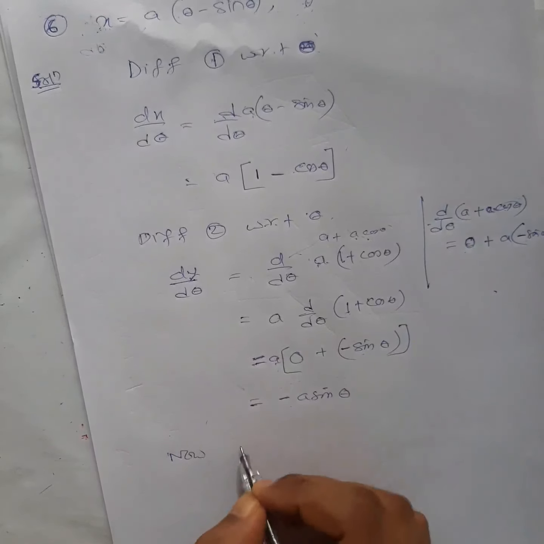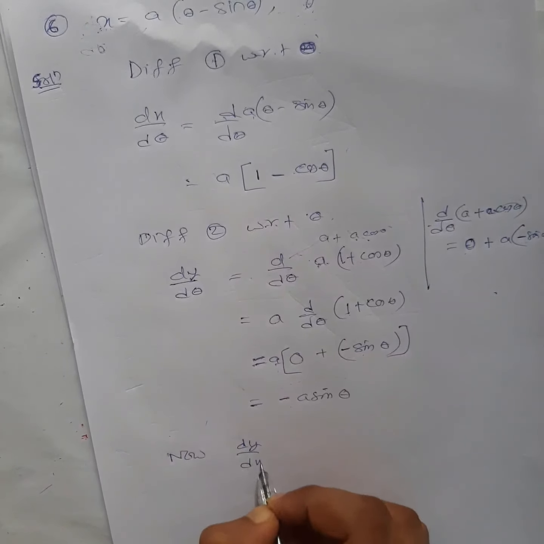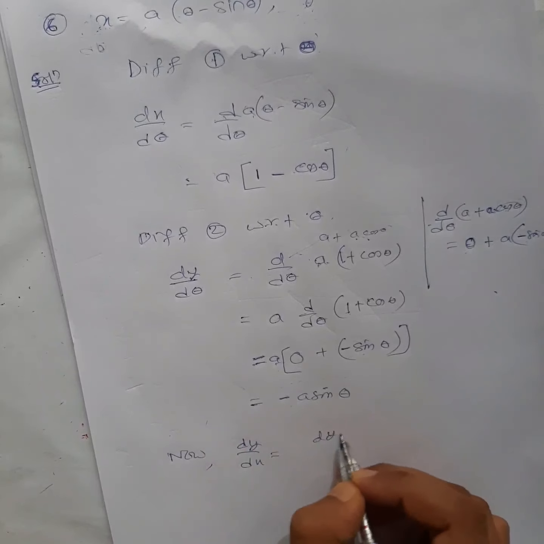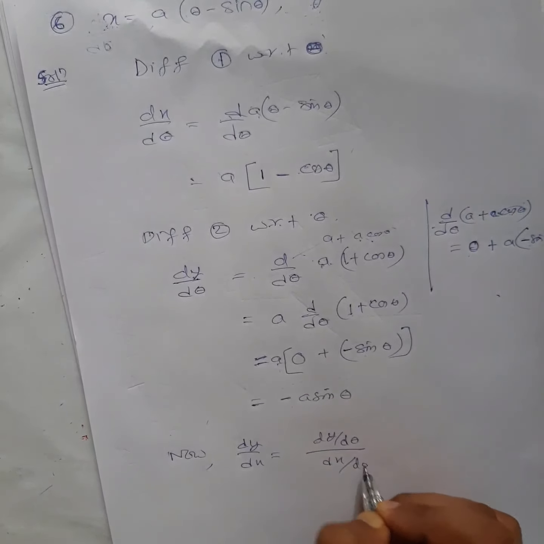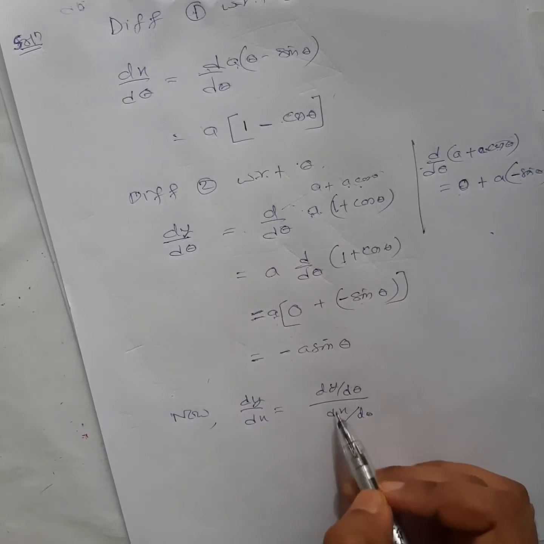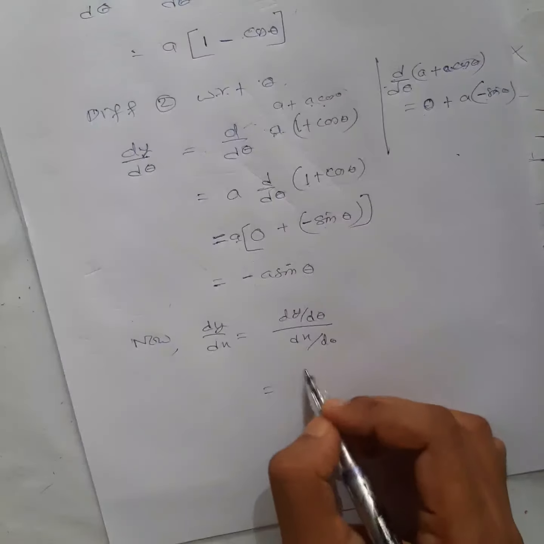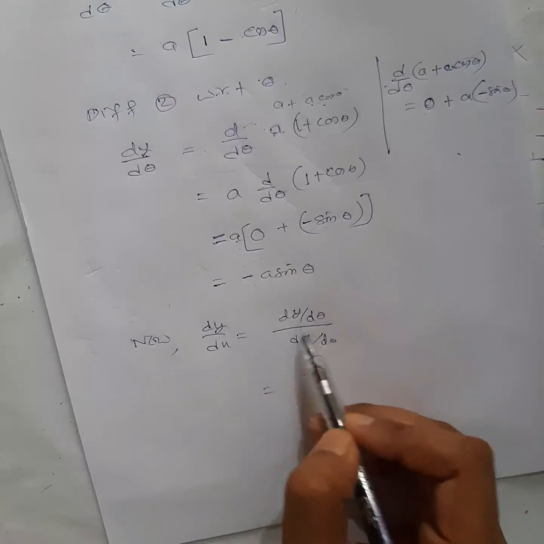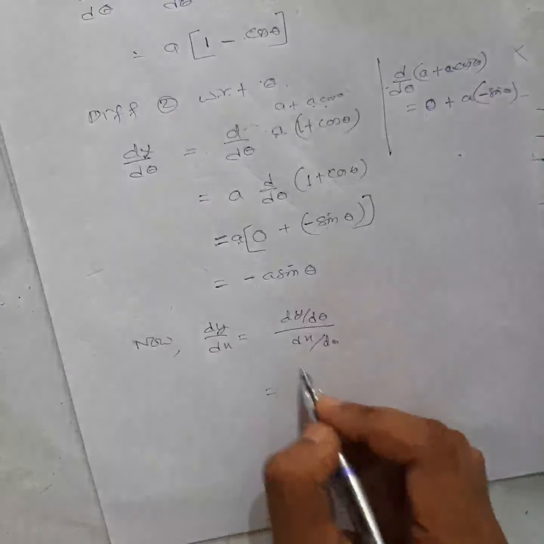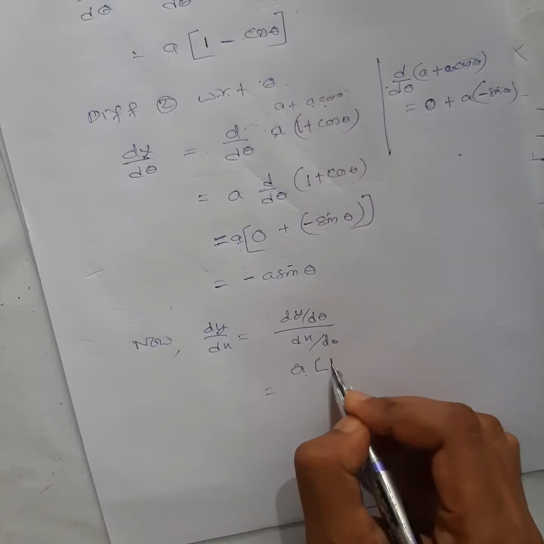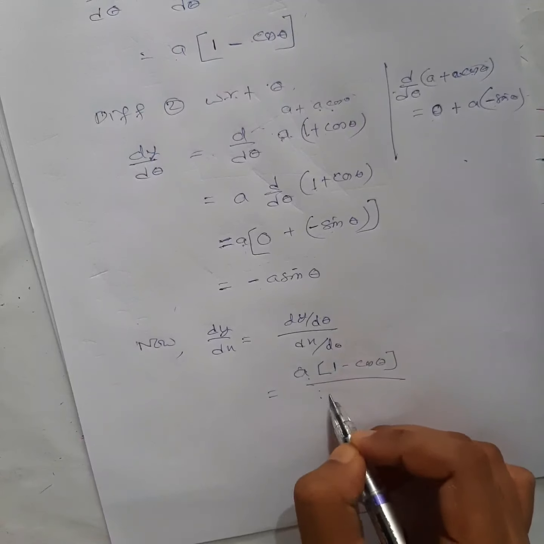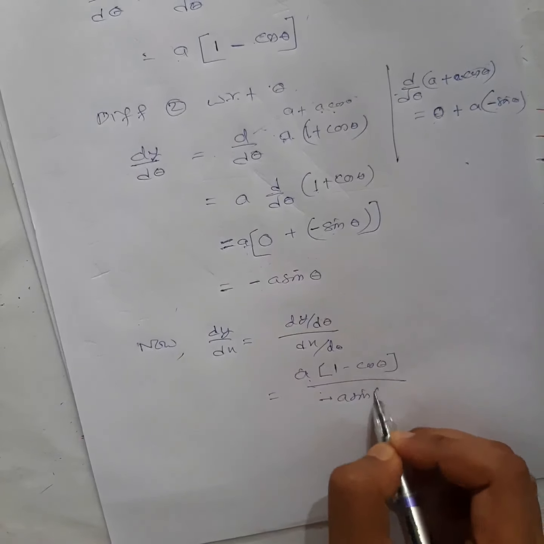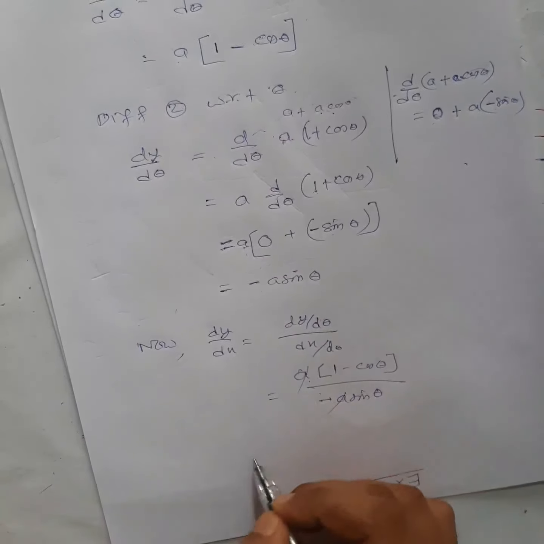Now dy by dx is equal to dy by d theta divided by dx by d theta. You can think in this way, d theta will get cancelled, it will be dy by dx. So first put the values: a times 1 minus cos theta, divided by minus a sine theta. So a is gone, right?